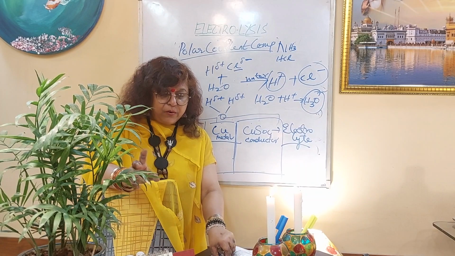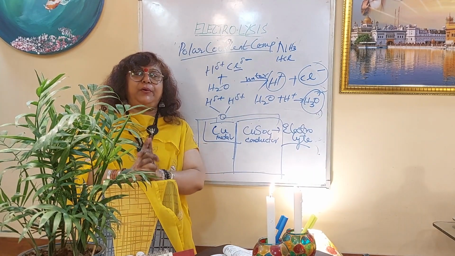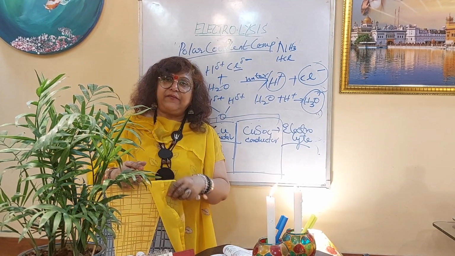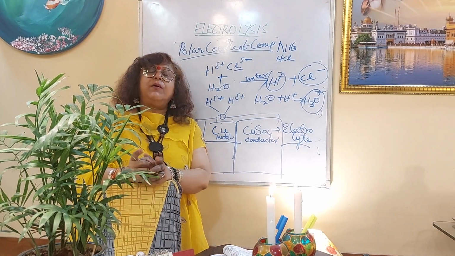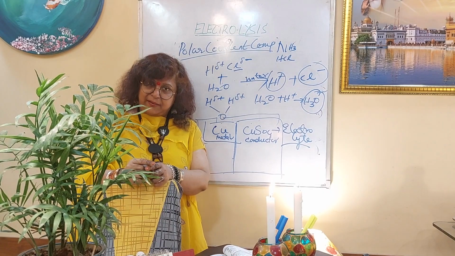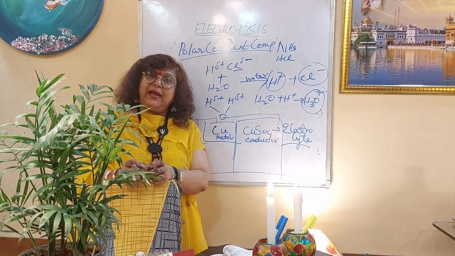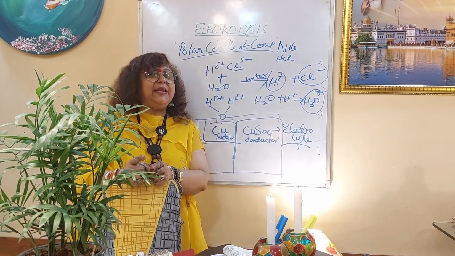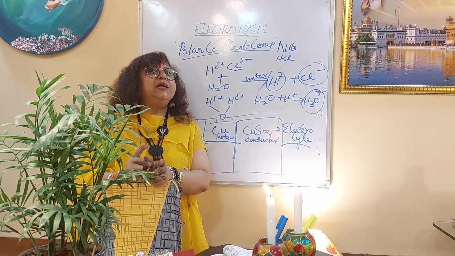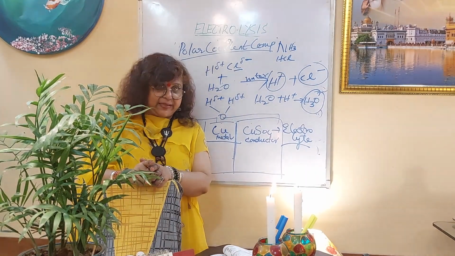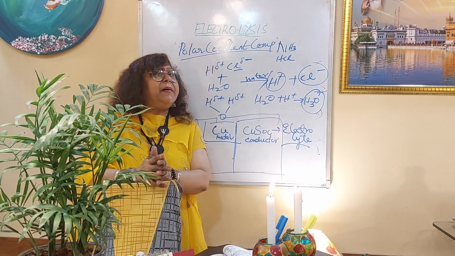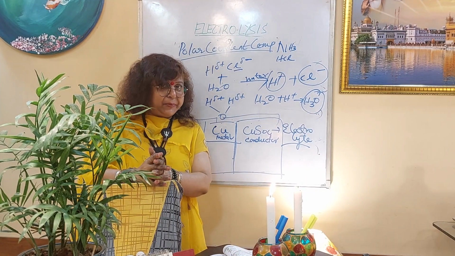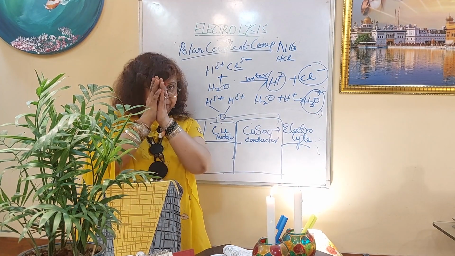I want to conclude this first part of the video with what I started. I started first with what is electrolysis, then what are conductors, what are the two types of conductors, metal as a conductor and electrolyte as a conductor. Then came what is an electrolyte, what are the components of an electrolytic cell, what are strong electrolytes, what are weak electrolytes. Then came the features of an electrolytic cell, the comparison of anode and cathode with the differences.